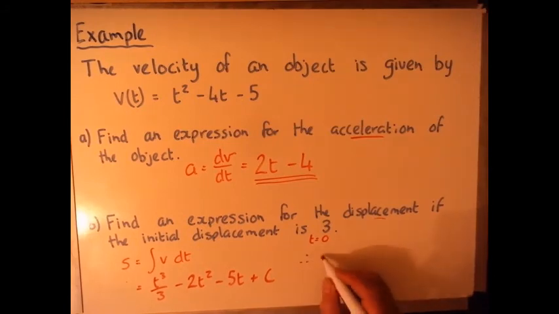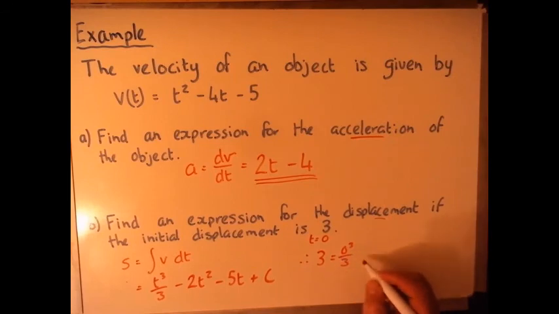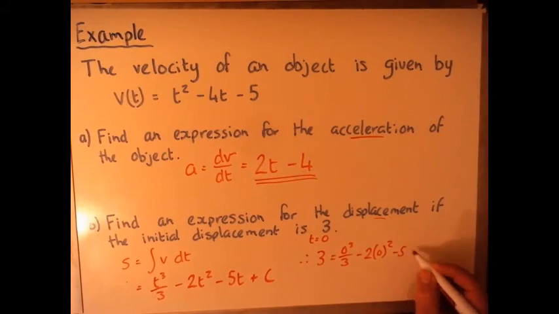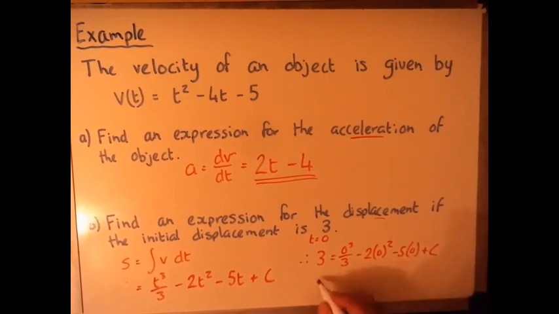So what we end up getting is 3 is equal to 0 cubed over 3 minus 2 times 0 squared minus 5 lots of 0 plus C. So we know then C must be equal to 3. So in order to get my expression for displacement, I now can change this C to 3, and that becomes my expression for displacement.